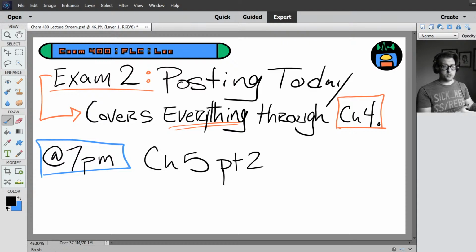So totally do the book problems, but also take any topic and Google that topic plus Gen Chem worksheet, and Google will spit out a ton of PDFs. Some of them will even have answer keys, and do those. Try them. Do problems written by other people, because the more formulations of these concepts you see and the more varied the problem pool that you work from, the better prepared you're going to be.